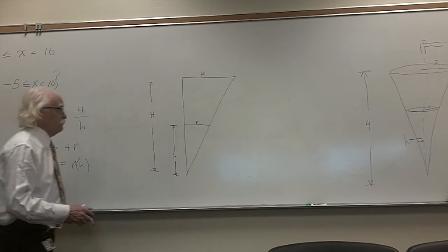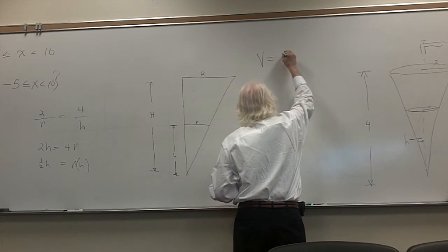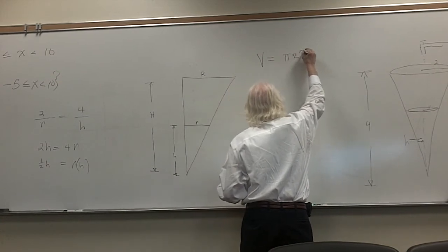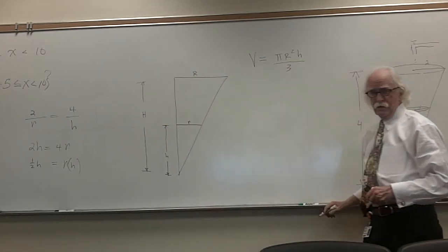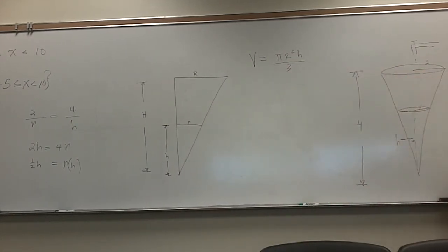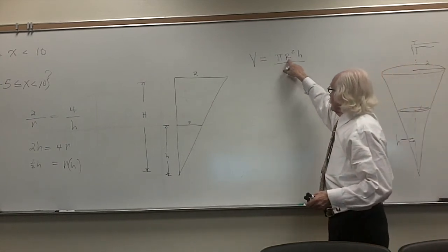So when I go back over here and I say, well, the volume of an ice cream cone is pi r squared h divided by what? By 3. That's cut in stone. You can't change that. So if that is the case, then look at this.